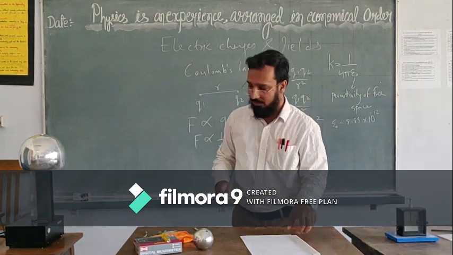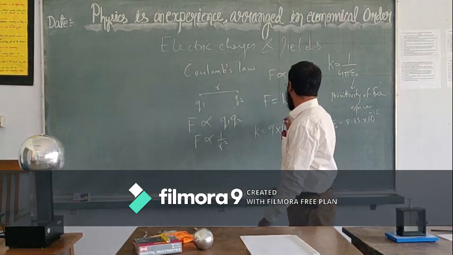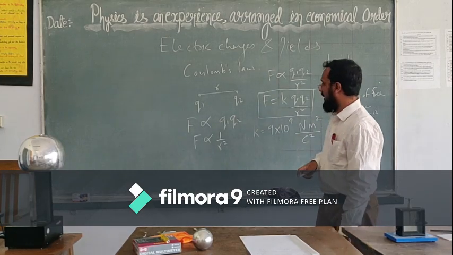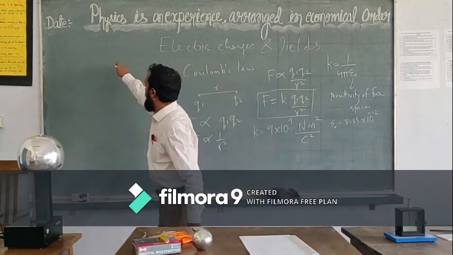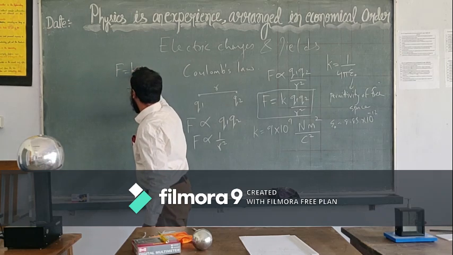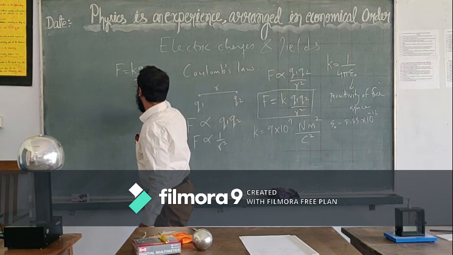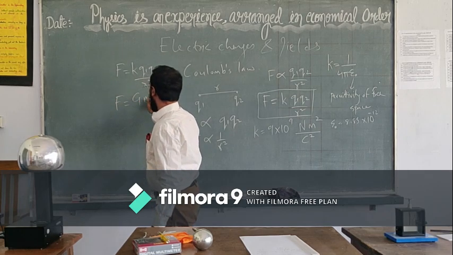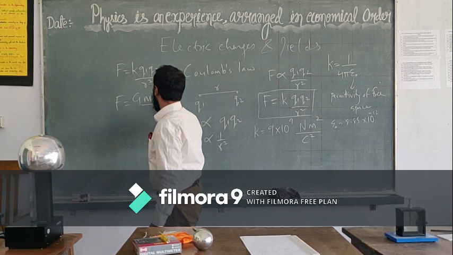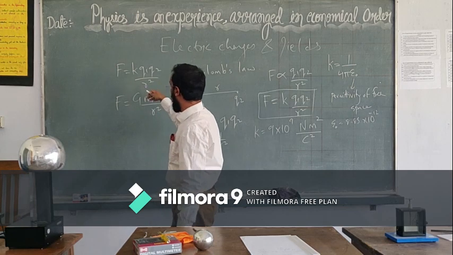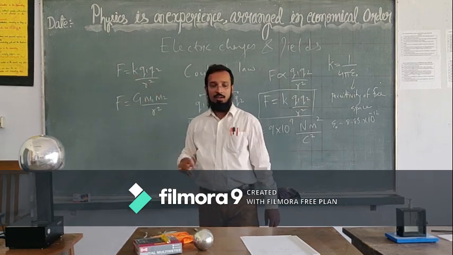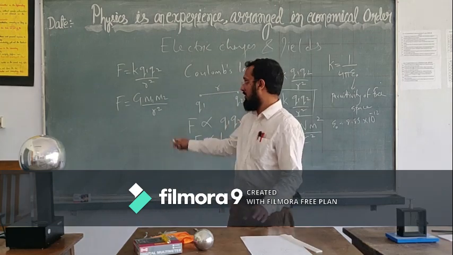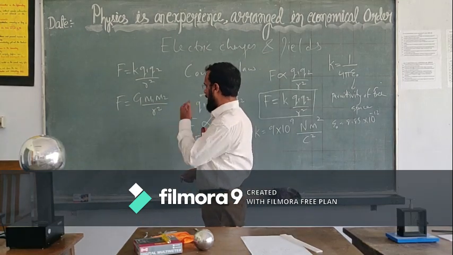So this is the force according to Coulomb, K Q1 Q2 by R square. If we compare Coulomb's force K Q1 Q2 by R square with the gravitational force given by Newton, G M1 M2 by R square, it's very similar because this is also proportional to 1 over R square, and this is also proportional to 1 over R square.